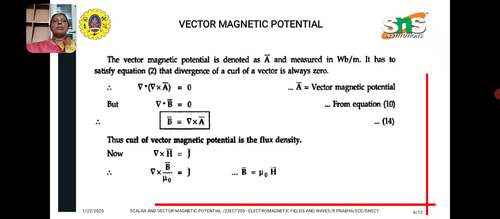The curl of vector magnetic potential gives the flux density.